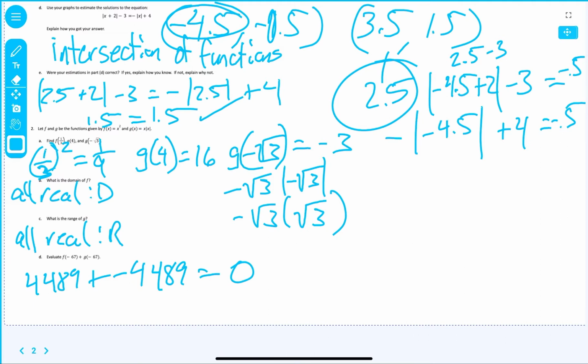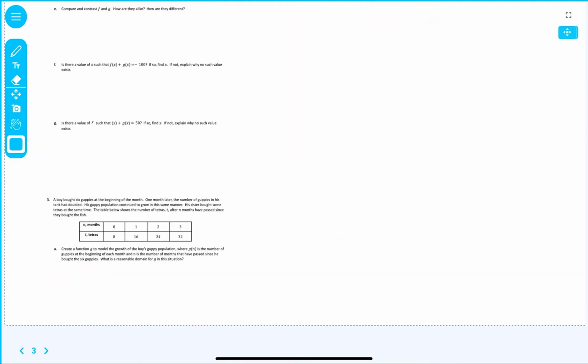Right? Okay. So page 3. Compare and contrast f and g. Okay, how are they alike and how are they different? So when x is positive, what's going to happen? They're both the same value, right?